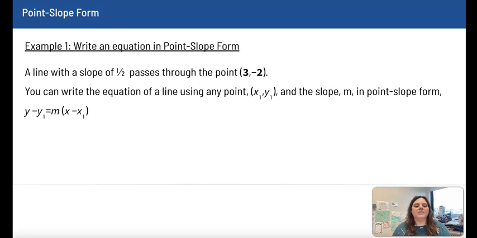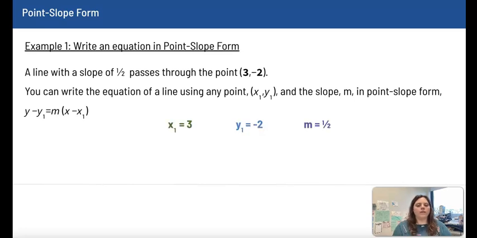You can write the equation of any line using any point, we call it x1, y1, and the slope m in point-slope form. We're going to write literally y minus the number from the point for y equals m times, in parentheses, x minus the number from the x in the point.